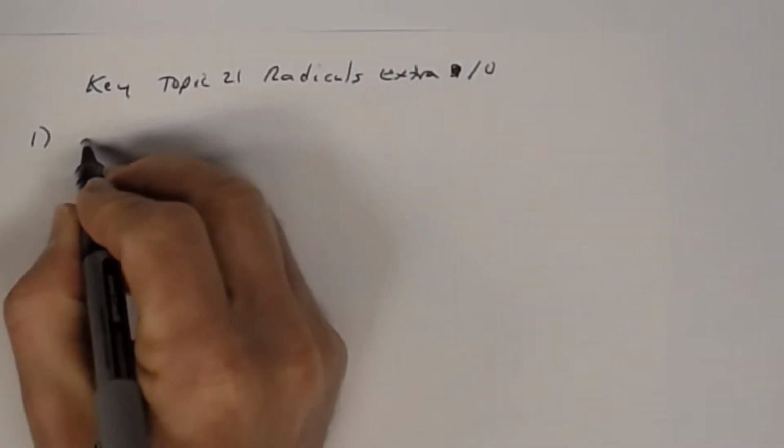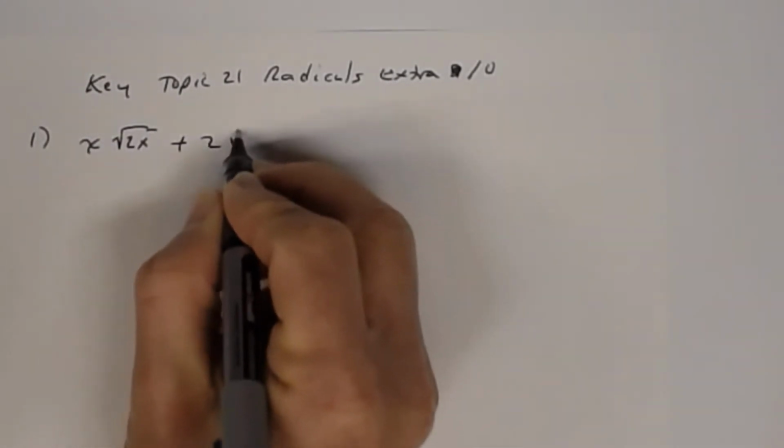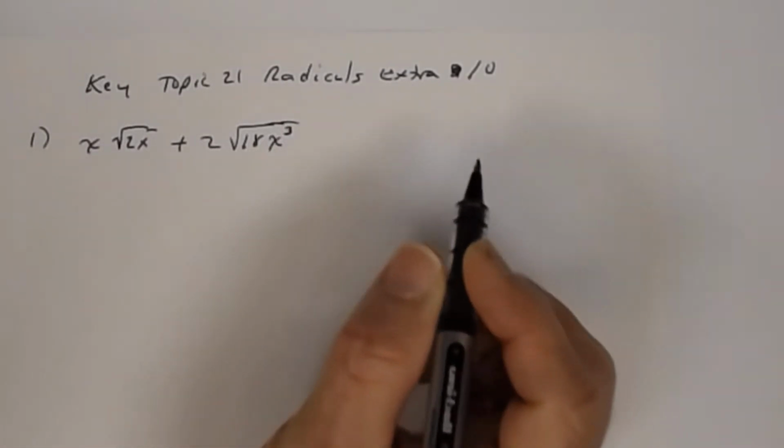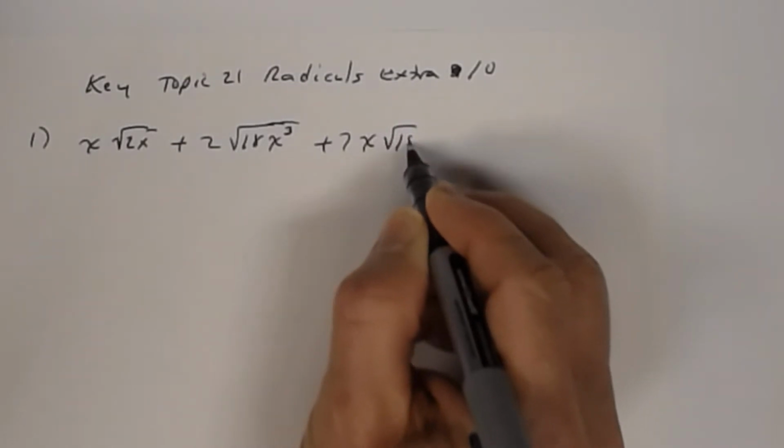Number one: you have x square root of 2x plus 2 square root of 18x to the third power plus 7x square root of 18x.